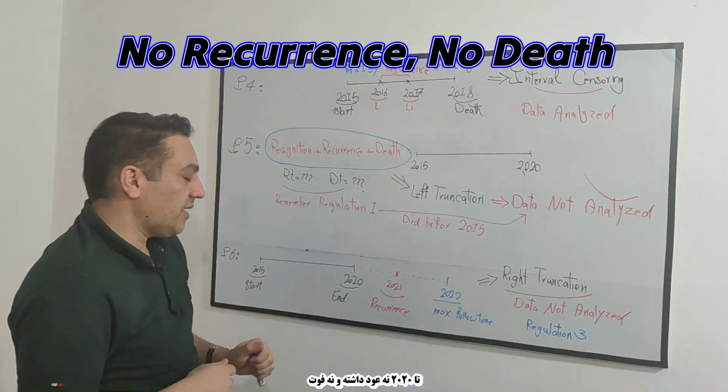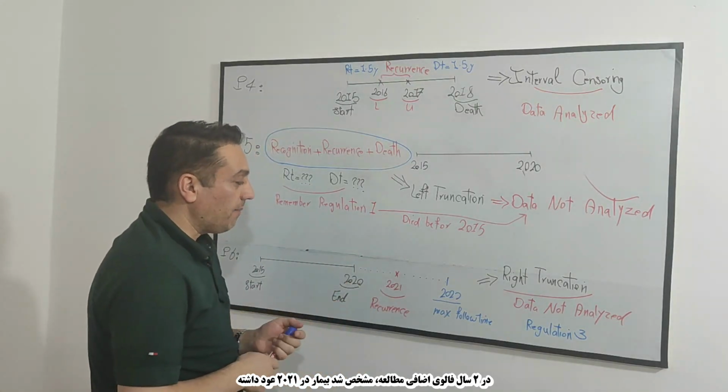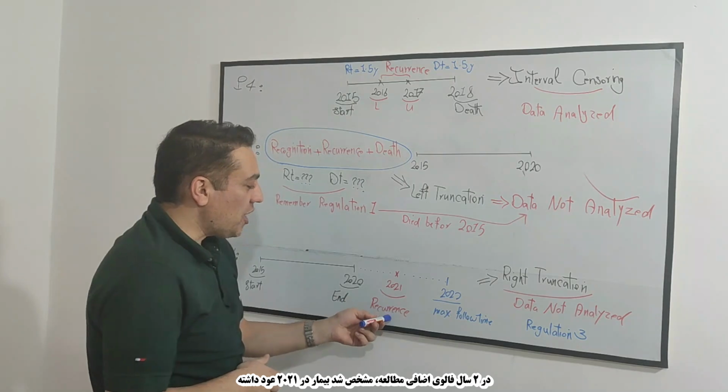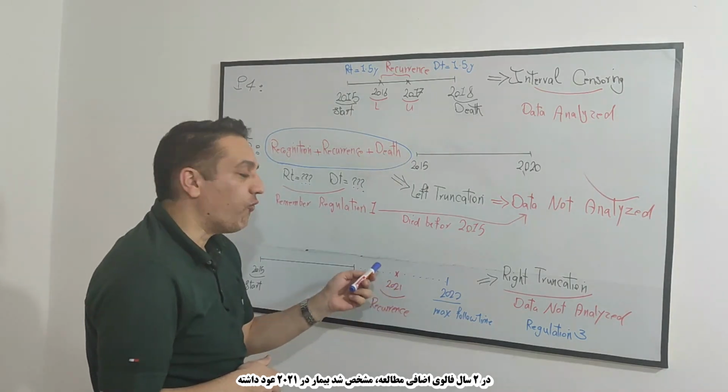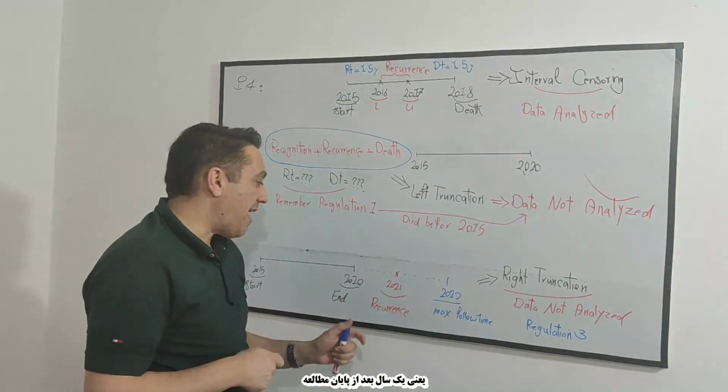When researchers followed 2 years after 2020, they noticed that this patient has recurrence in 2021, meaning 1 year after 2020.